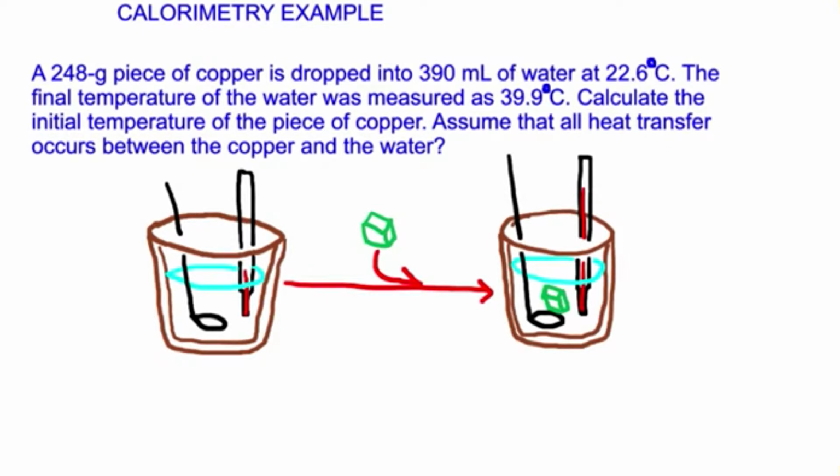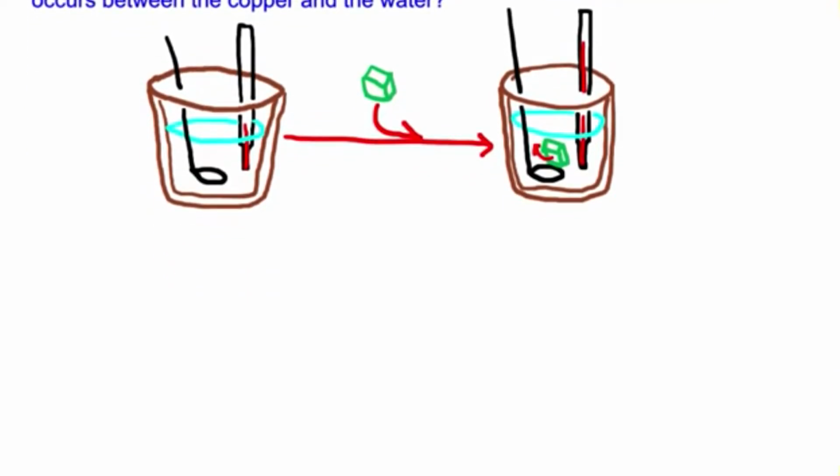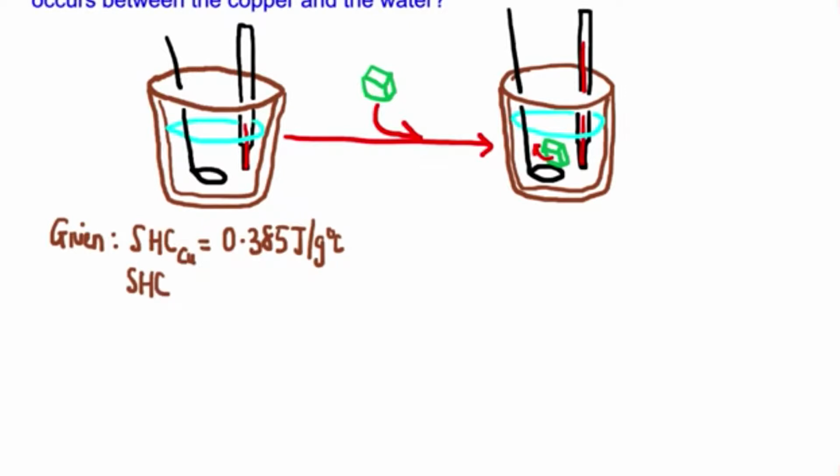Once you have this mentality at the back of your mind, we can get a couple of pieces of information from external sources, like the specific heat capacity of copper, which is around 0.385 joules per gram degree Celsius, and that of water, which is around 4.184 joules per gram degrees Celsius.